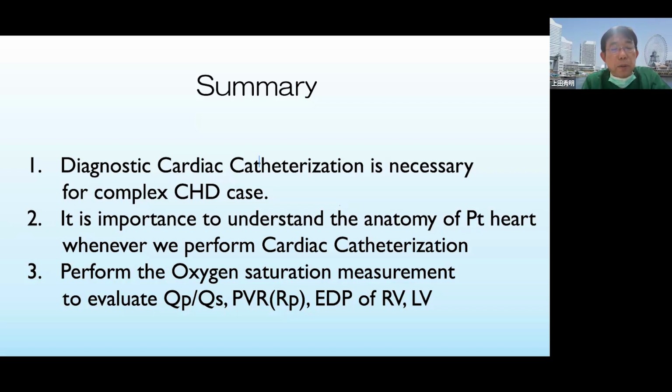Also, if you find a very large PDA, there is a possibility the patient might have very high resistance of the pulmonary arteries. If the pulmonary vascular resistance is about 10 or 15, we have to abandon the PDA closure first, put something else, and then perform the PDA closure later. So be very careful to determine whether there is an indication for the intervention.